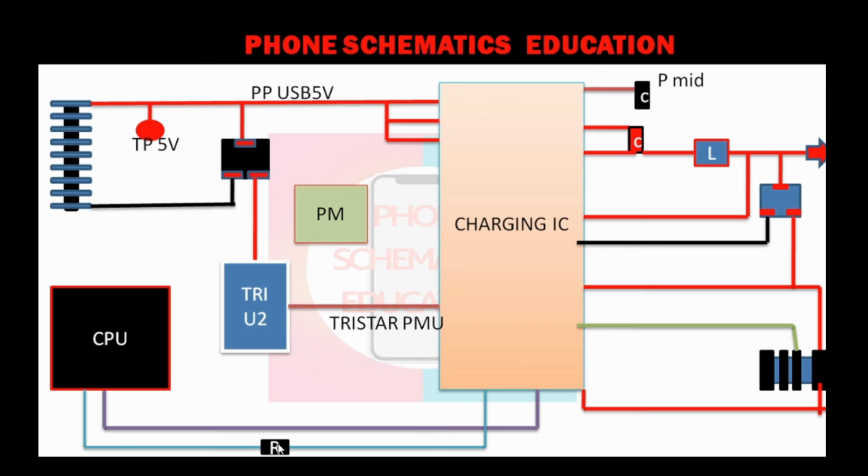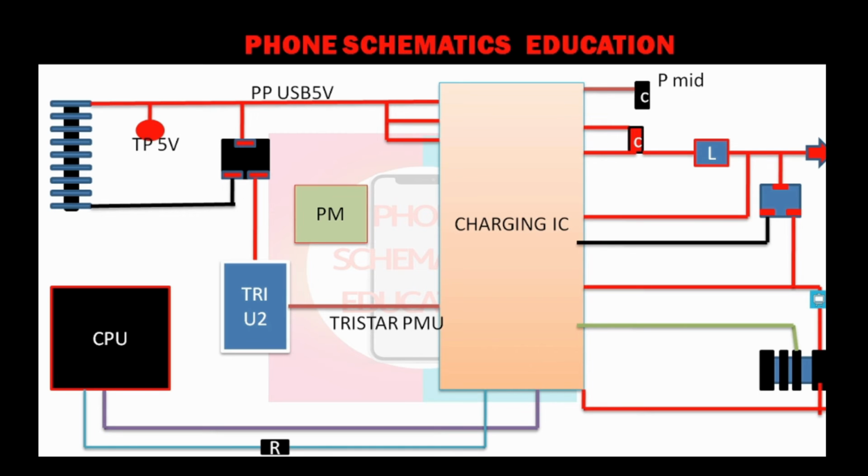Now next, a line connected to the CPU. On this line you will see a 68.1K resistance. From this line the CPU senses charging detect or not. I mean to say VBUS detection. When you connect the charger through this line, the CPU senses whether charging is connected or not. Suppose your phone is turned off when you connect the charger. How does the CPU know to show a battery icon on the display?